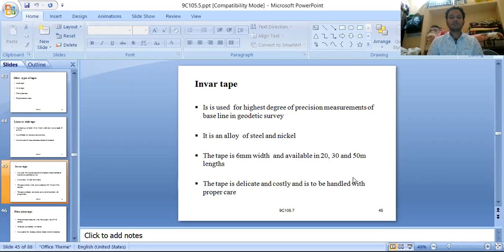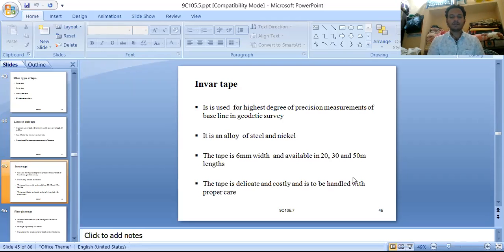We have invar tape, which is used for high degree of precision measurements of baseline and geodetic survey. It is an alloy of steel and nickel. The tape is 6 mm width and available in 20, 30 and 50 meter lengths.